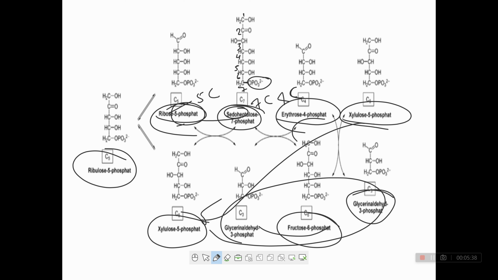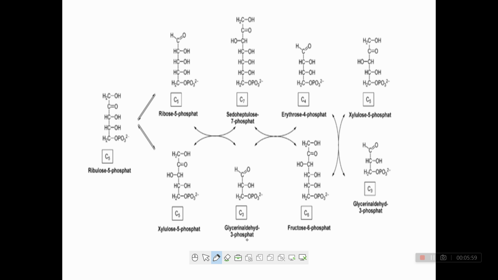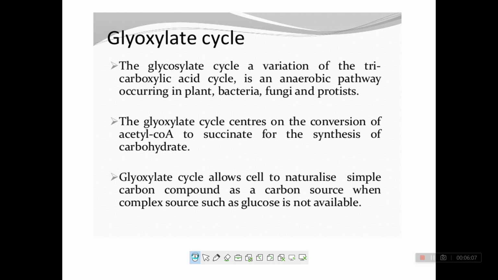And during this whole process, which form of energy is released? NADPH. Okay, remember this, NADPH. So remember, in the pentose phosphate pathway NADPH is released, and in glycolysis NADH is released.